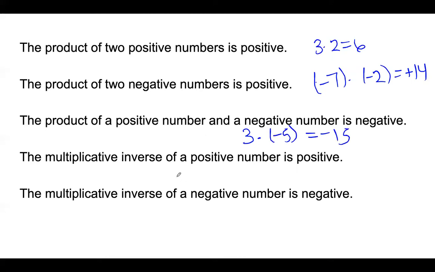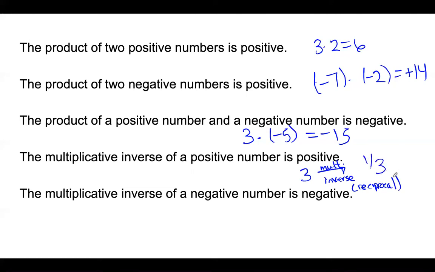The inverse or reciprocal of a positive number, the multiplicative inverse, is positive. So for example, 3, we take this inverse. It's also called, of course, the reciprocal. And it's 1/3.